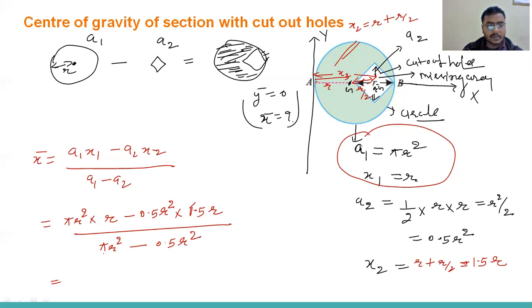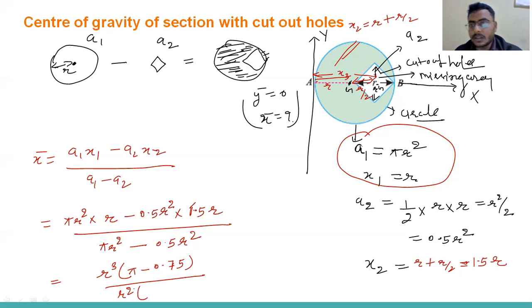So we can take R cube common here. By taking R cube common, it will come pi minus 0.5 into 1.5, which comes to 0.75. In the denominator we can take R square common, so it will come pi minus 0.5.